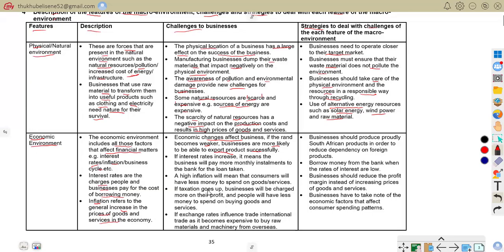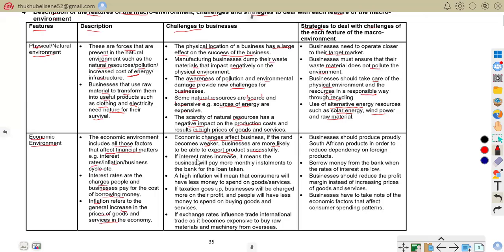That is the challenge. A weak rand helps exports. So foreign buyers find SA products cheaper. Because of the weaker rand, they're going to find them cheaper.